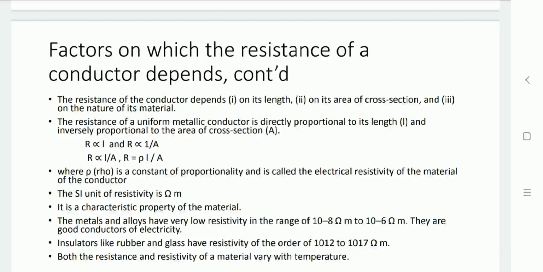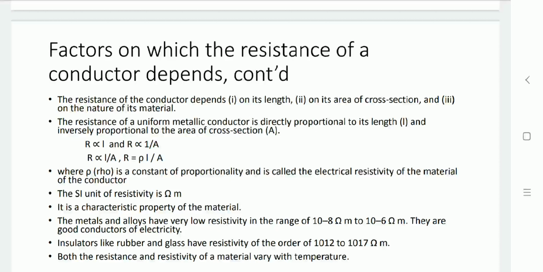Metals and alloys have low resistivity, in the range of 10 raised to minus 8 ohm meter to 10 raised to minus 6 ohm meter. They are good conductors of electricity. Insulators like rubber and glass have very high resistivity, 10 raised to 12 to 10 raised to 17 ohm meter.